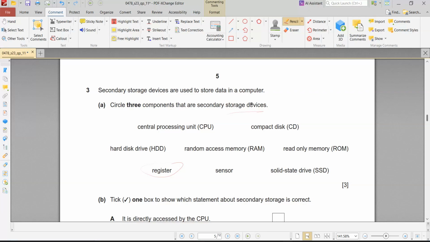A solid state drive is a secondary storage device. Also the hard disk drive is a secondary storage device. You may be confused about the compact disk, but the compact disk is an external device. So this is my answer.